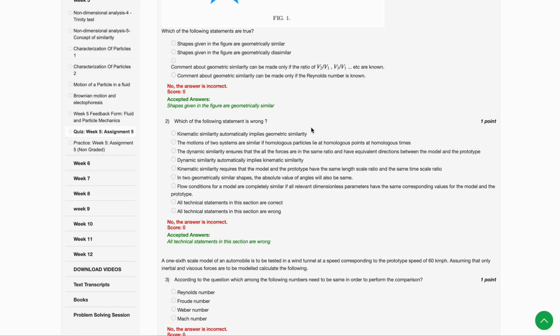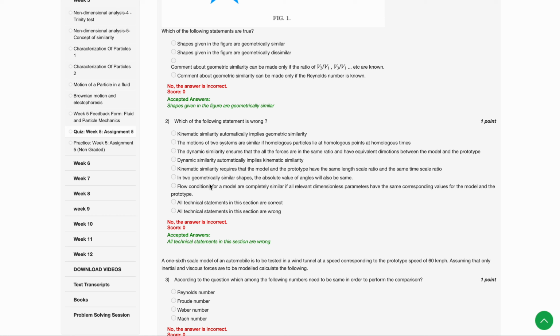So statement 1 is true, statement 2 is also true, and dynamic similarity automatically implying kinematic similarity is also true. Kinematic similarity requires the same length scale ratio and the same time scale ratio, which indirectly implies the same velocity scale ratio, so of course they are kinematically similar.